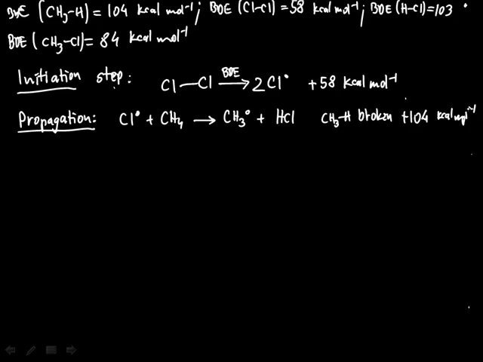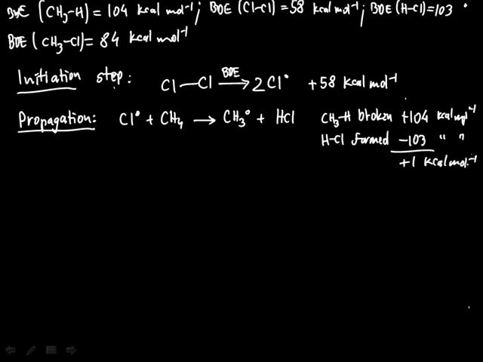But on the other hand, we form an HCl bond, and this gives us back 103 kilocalories per mole. So the first step has an overall still unfavorable balance of plus 1 kilocalorie per mole.